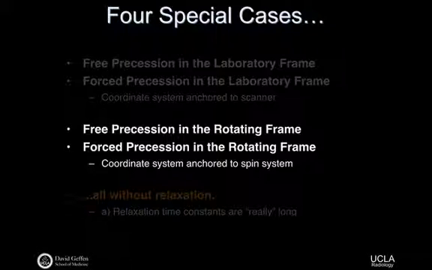So there's kind of 3 steps. The first one that we want to do is define our B1 of t in the rotating frame. So we're going to set up some general B1 function, but then we have to move it into the rotating frame coordinate system. That's the first thing I'll work through.